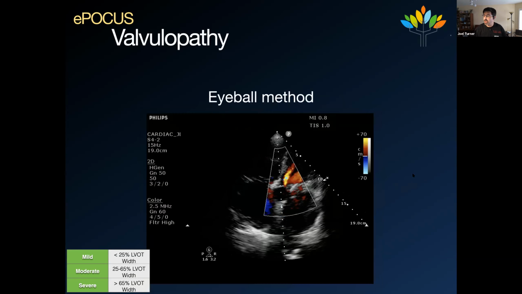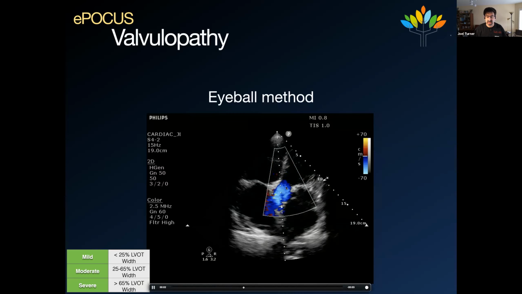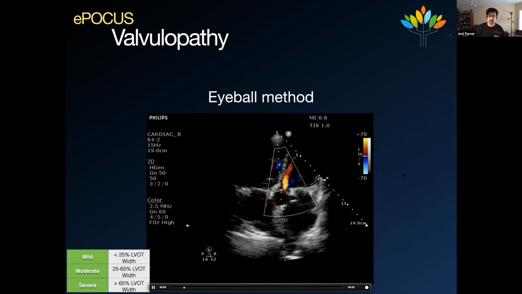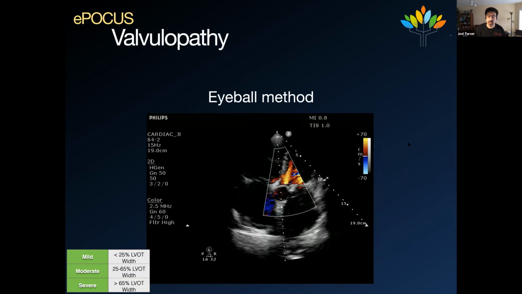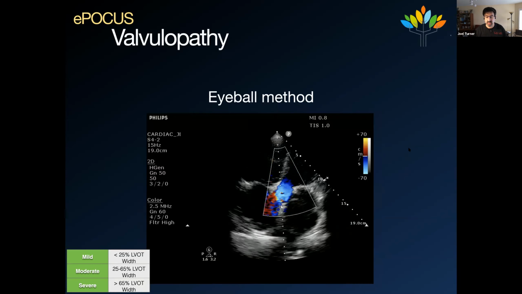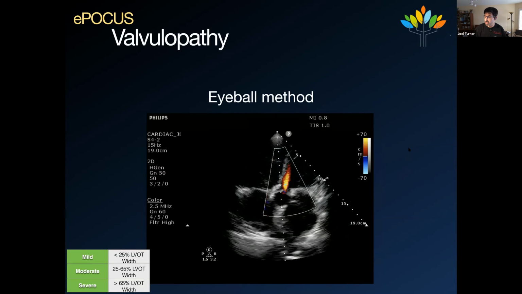But as I mentioned, a lot of this can be done just by eyeballing it. You can see that this patient has a kind of prolonged regurgitation jet right here during diastole. And we can probably say that this is a mild to moderate regurg just by eyeballing how it looks. You don't necessarily have to spend the time to measure the LVOT width and the regurgitation width.